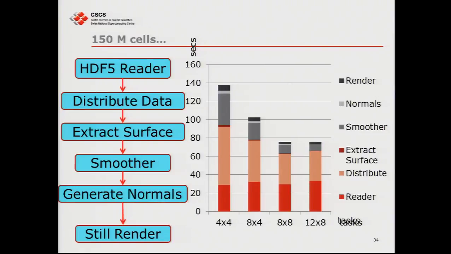You see the reading part takes about 20, 30 seconds, and then all the rest of the execution of the pipeline here, which is not graphics related, takes 95% of execution. So what is the moral of the story?